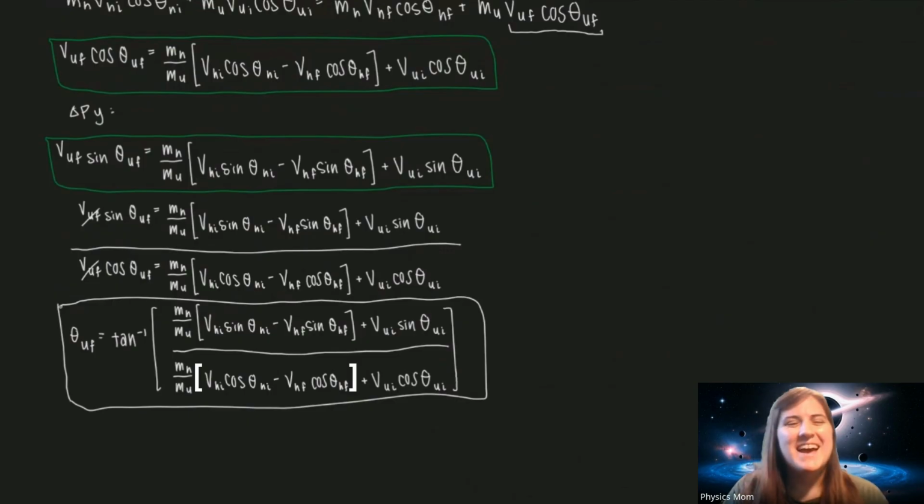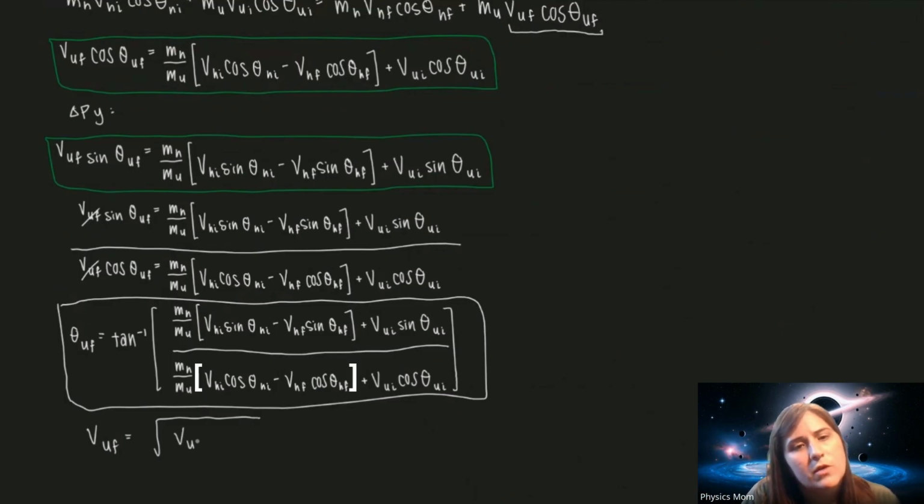Yuck. Before we plug everything in, because this just gives us the direction of the velocity, let's talk about what the magnitude of the velocity would be. And I'm going to use the Pythagorean theorem to evaluate the magnitude of the velocity. The magnitude of the velocity, U final, is going to be the square root of the sum of the squares, right?